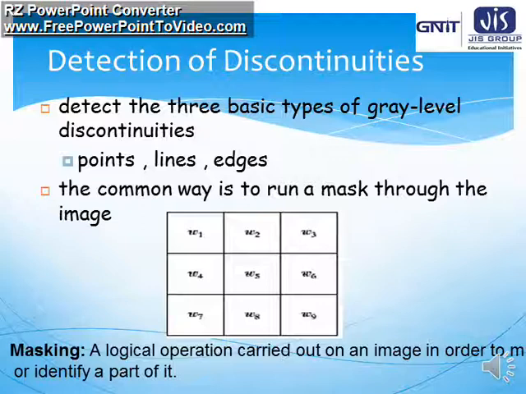That means a mask is a logical operation carried out on an entire image to find the entire portion or some portions of it. Here the example of a 3 cross 3 mask has been given, where W1, W2, W3, W4 and so on are the weights of the mask.